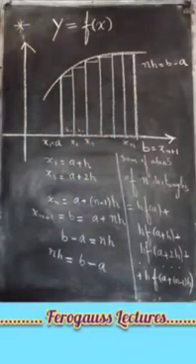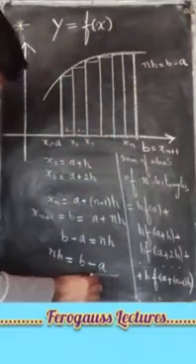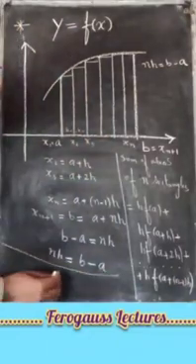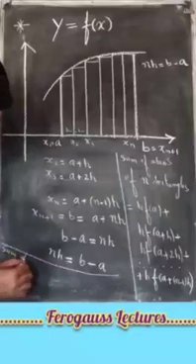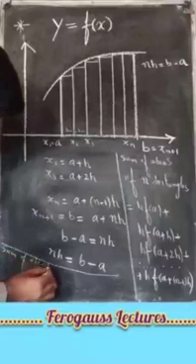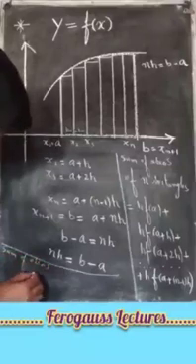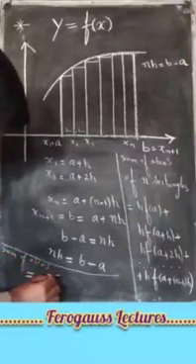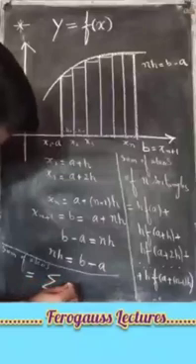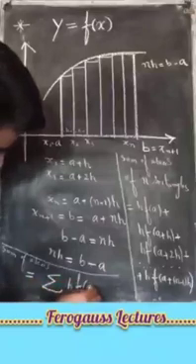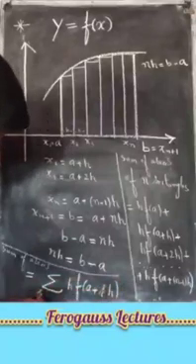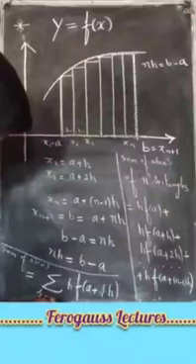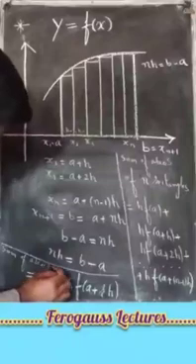This is further equal to the summation of h f(a plus rh), where r is running from 0 to n minus 1.